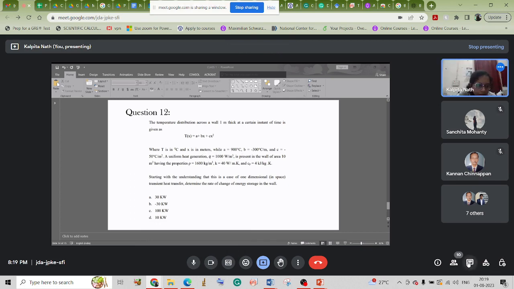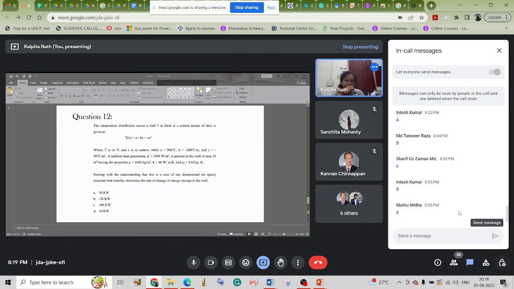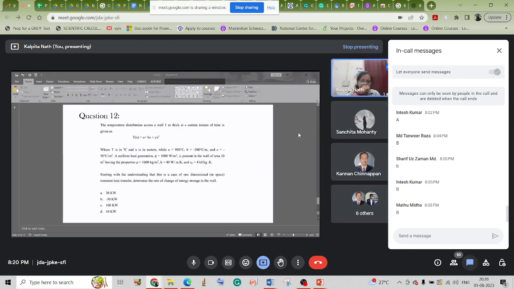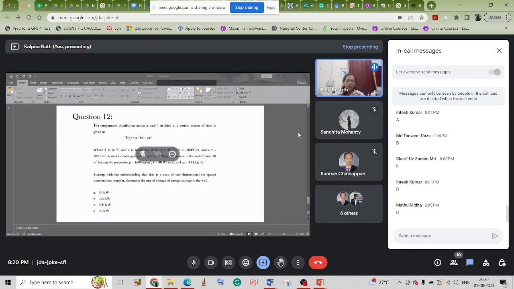Hi. Anyone with the solution? No one has solved this.